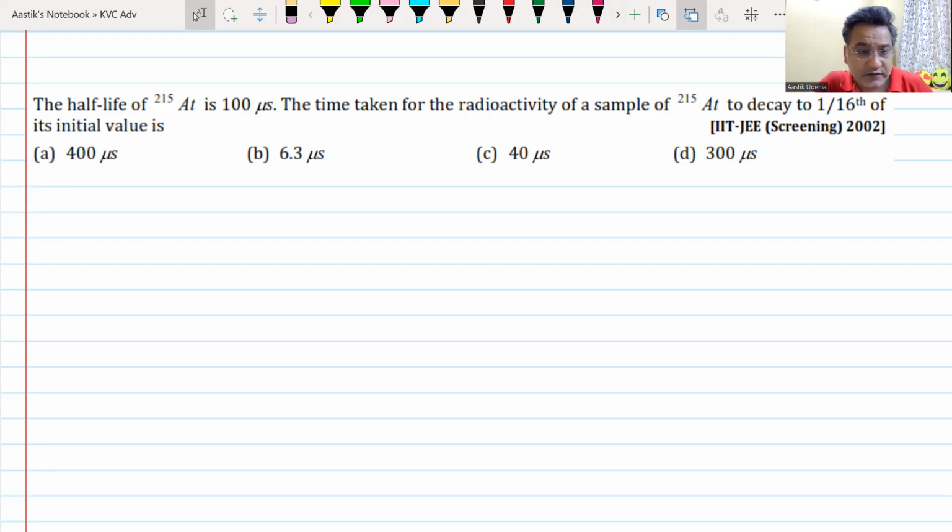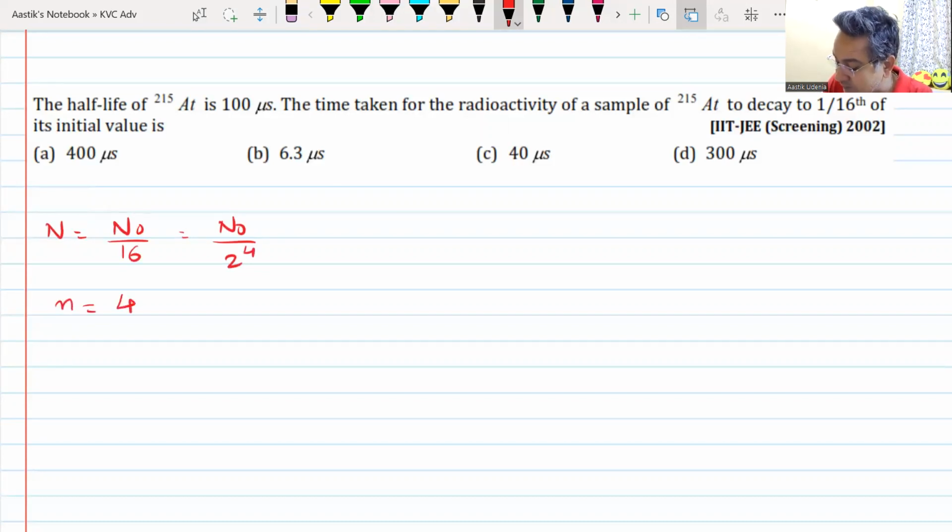The half-life of AT-215 is 100 microseconds. What is the time taken for the radioactivity of the sample to decay to 1/16th of its initial value? The answer is 1/16th of its original value, so you have to reduce it. 1/16th of its original value means N will be equal to N naught divided by 16, so this will be N naught divided by 2 raised to the power 4.